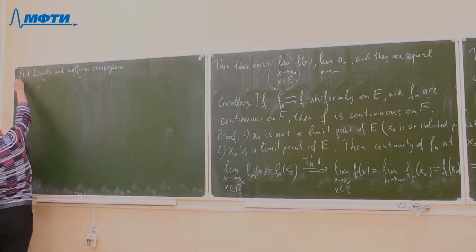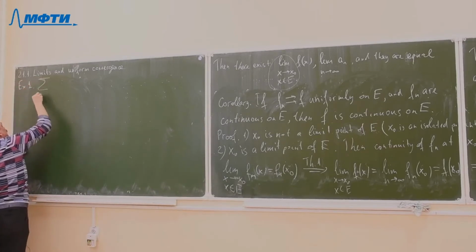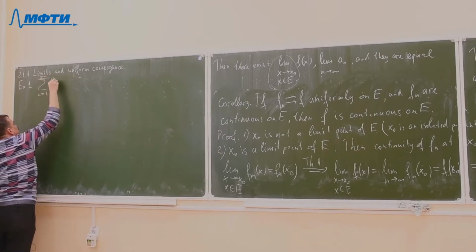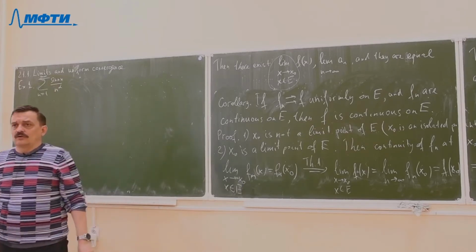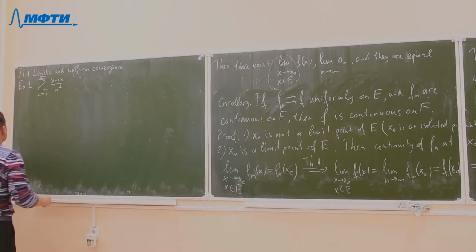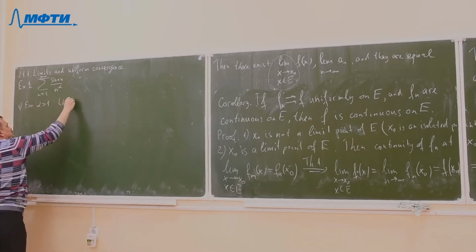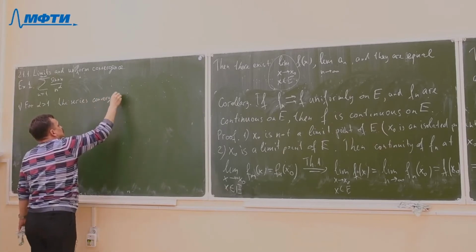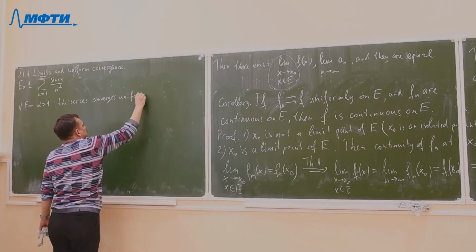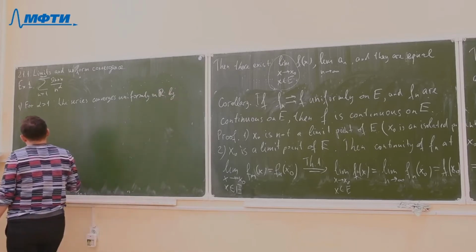So, example 1. Consider this series from former lectures. For alpha greater than 1, the series converges uniformly on R by the Weierstrass test.